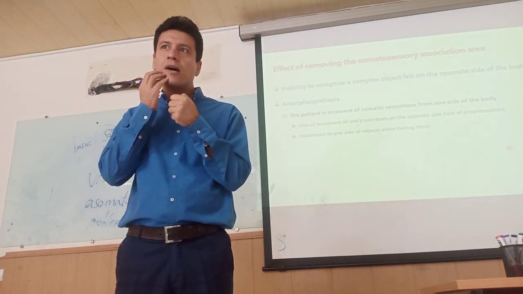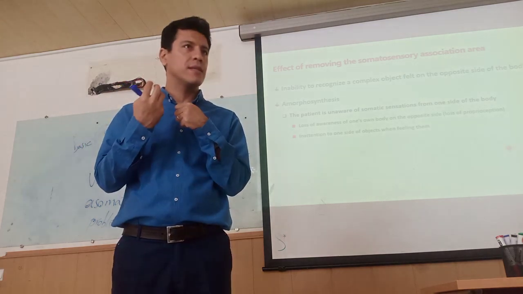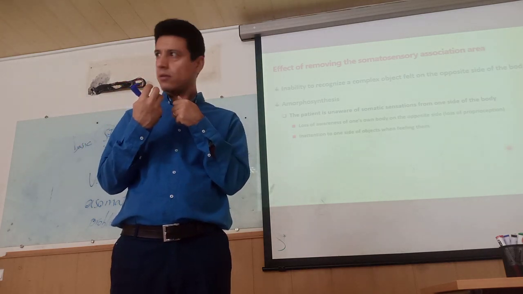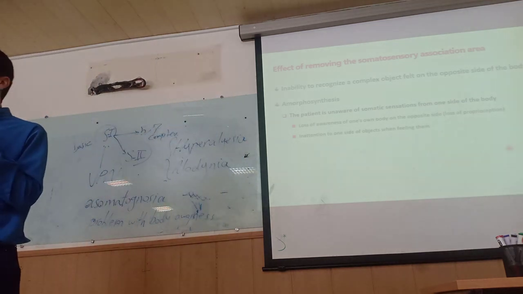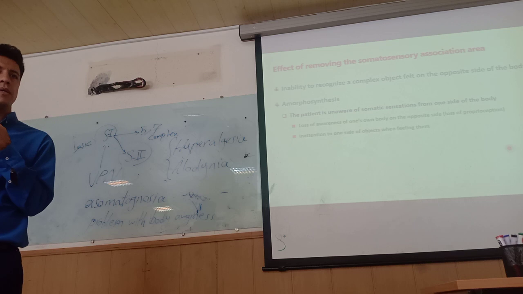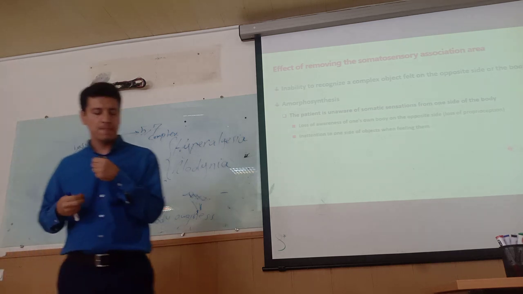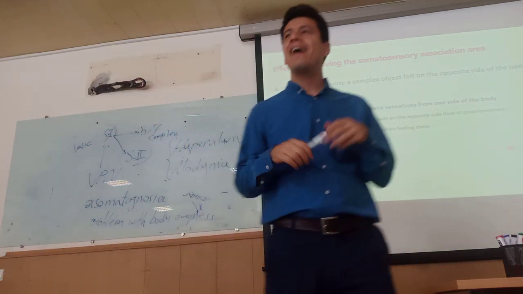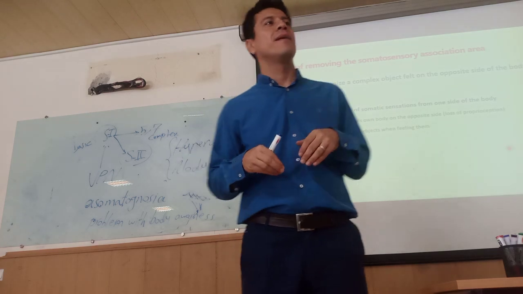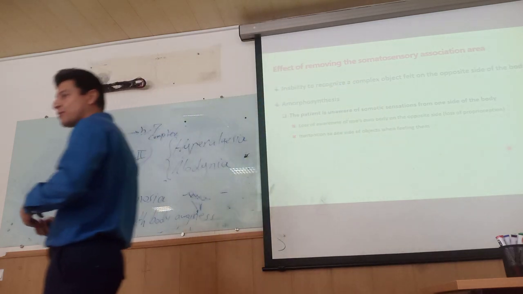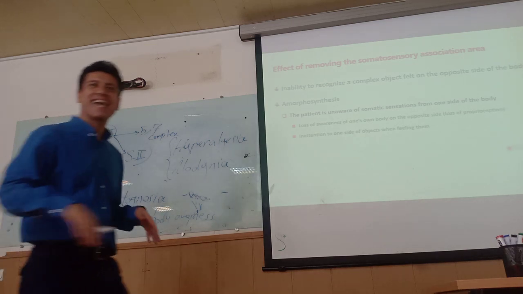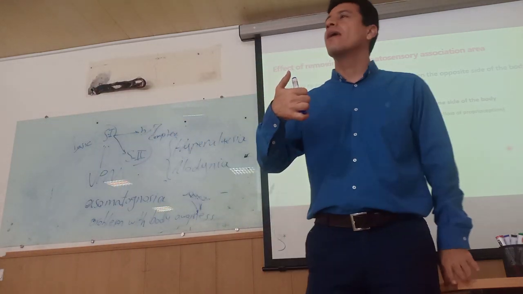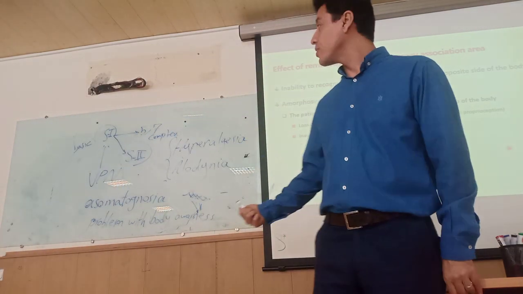He shaves the right side, forgets the left side. Right? Or, for example, maybe she's a lady who wants to do makeup, and forgets the left side. Okay? So we call this asomatognosia.